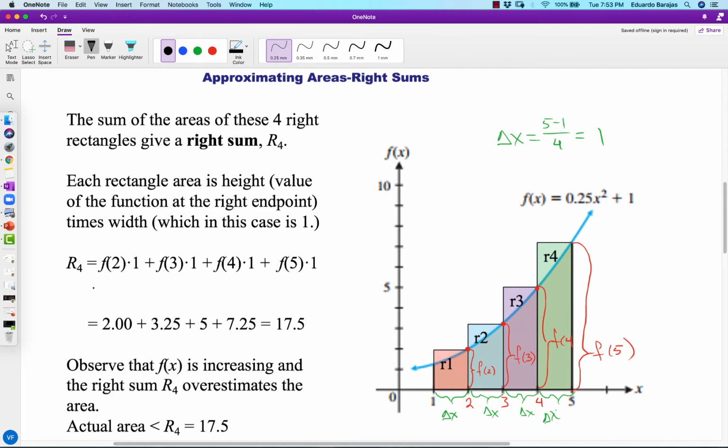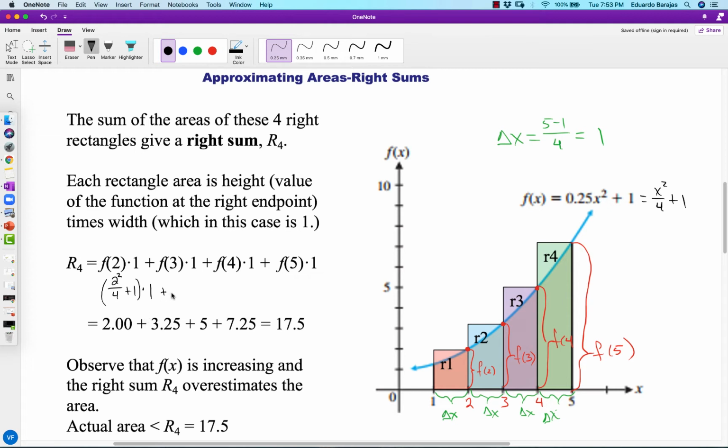So this is going to be equal to 0.25. Now 0.25 is the same thing as x squared divided by 4, just for the sake of space, 0.25 is 1/4. So it just makes it a little easier to squeeze it in here. So this is going to be equal to 2 squared divided by 4 plus 1 times 1. And that'll give me the area of the first rectangle.